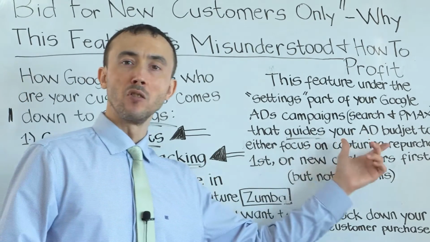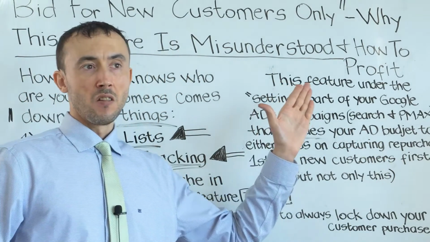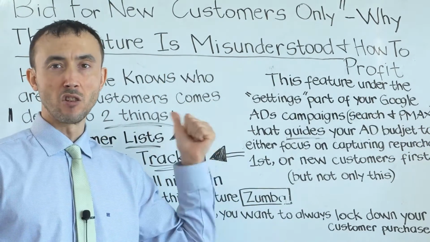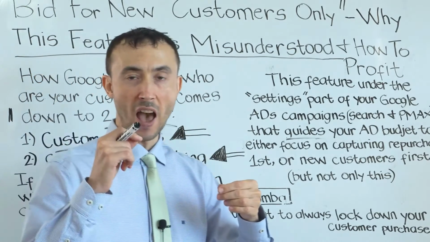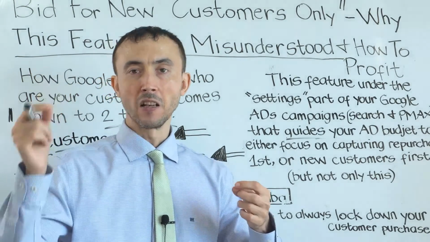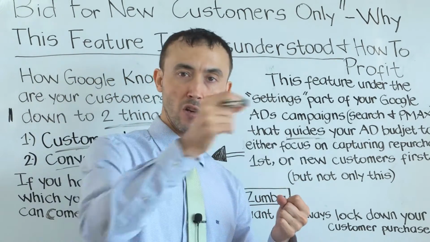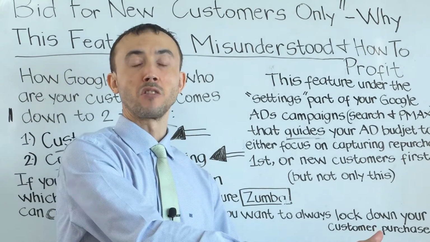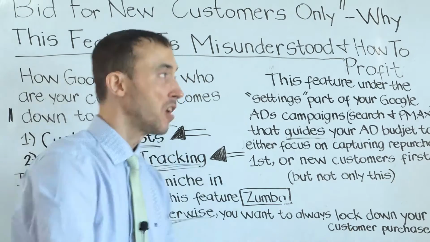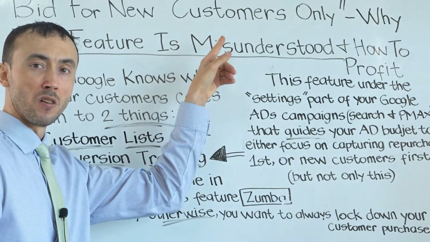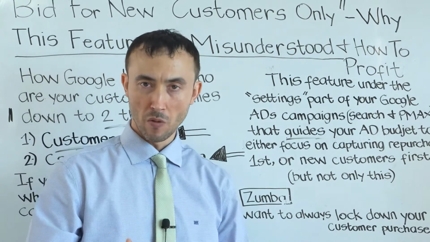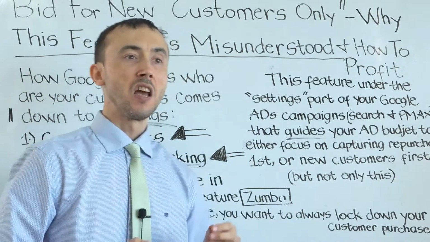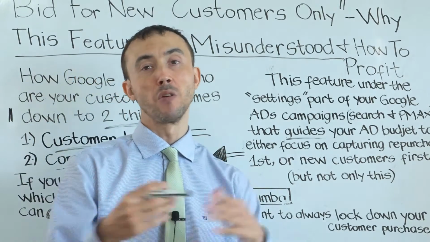And depending on how much you need new customers, like if you need at least 50% new customers, then I wouldn't necessarily just go with this feature. I would just go with adding the supplementary custom variable data to your conversion data stream that's coming into your account, versus if you needed 80% or 90% new customers, then I would use this feature, but I would also supplement it with the conversion data that says whether the customer really was new versus existing, and then try to maybe shut off certain keywords that aren't producing new customers.